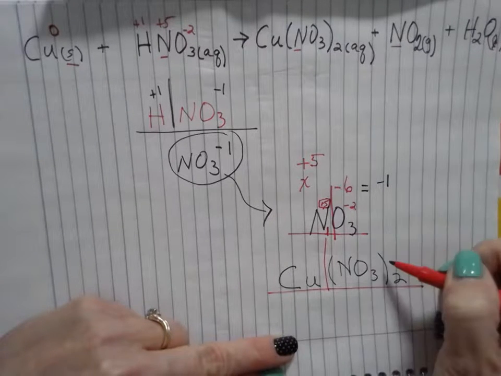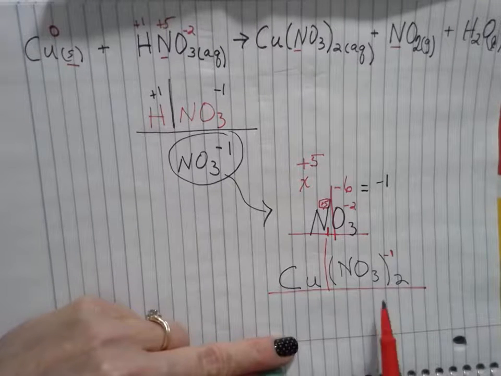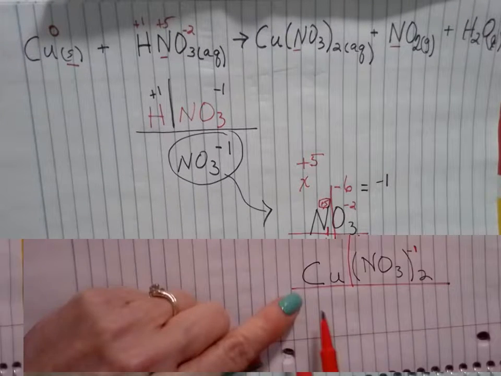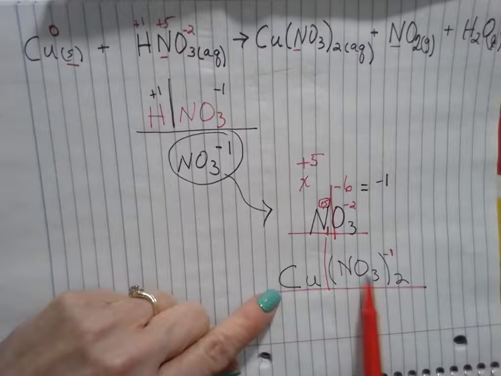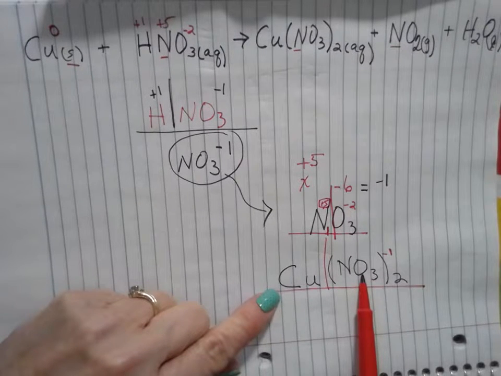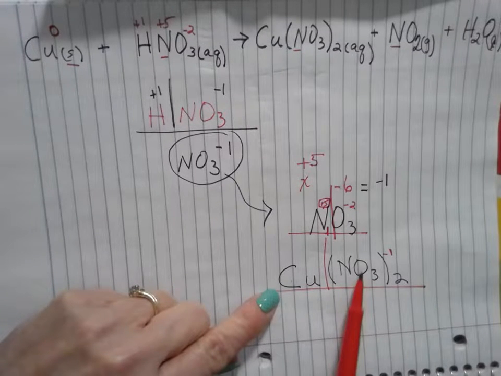Now the nitrate again has a -1 charge. In this case, this is a polyatomic ion, but it is bonded, so overall it is a compound.